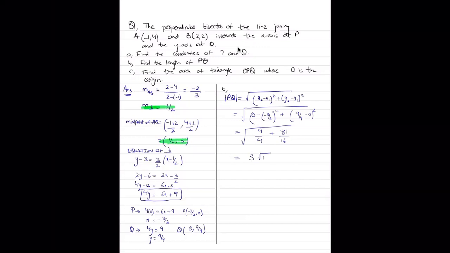It's coming to 2.704. Okay, so in exact form, that is going to be the answer. Now find the area of the triangle OPQ where O is the origin.